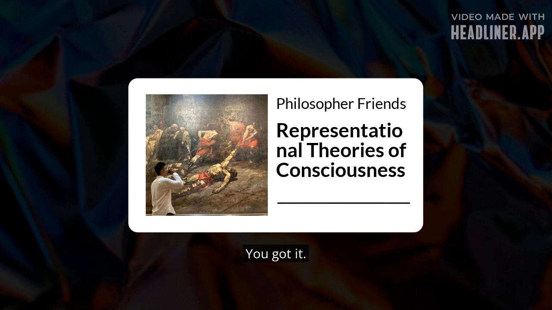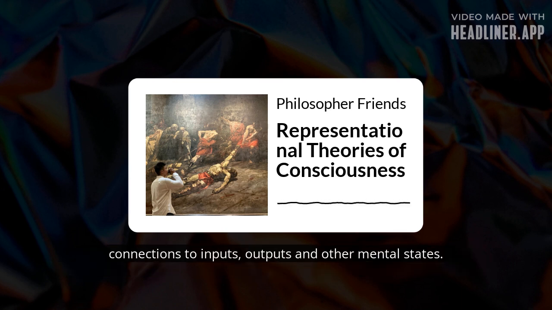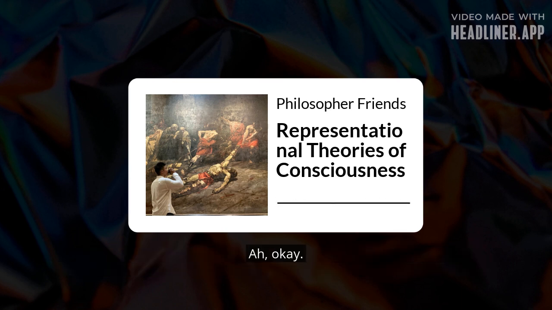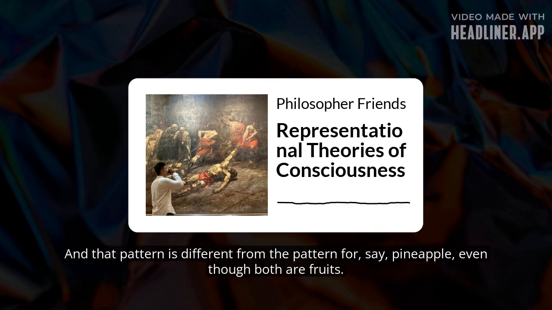You got it. Strong representationalism brings in these ideas of functionalism, suggesting that mental states are defined by their functional roles, their connections to inputs, outputs, and other mental states. So a certain pattern of brain activity corresponds to the experience of strawberry. And that pattern is different from the pattern for, say, pineapple, even though both are fruits.